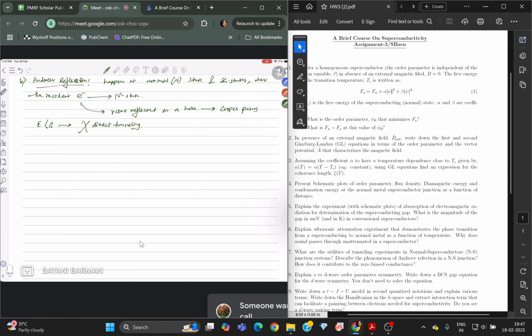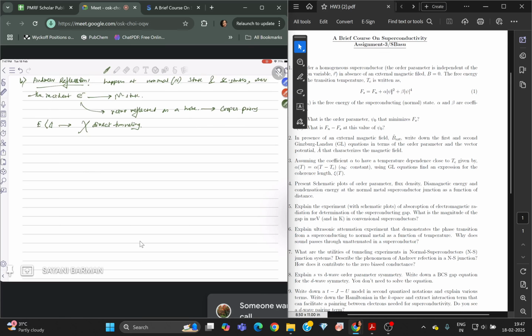Now, the next is the missing electron, which gets replaced by a hole with opposite momentum. Okay, so basically, if the energy of an electron is lesser than the gap, it is not considerable, right? So what does it do?